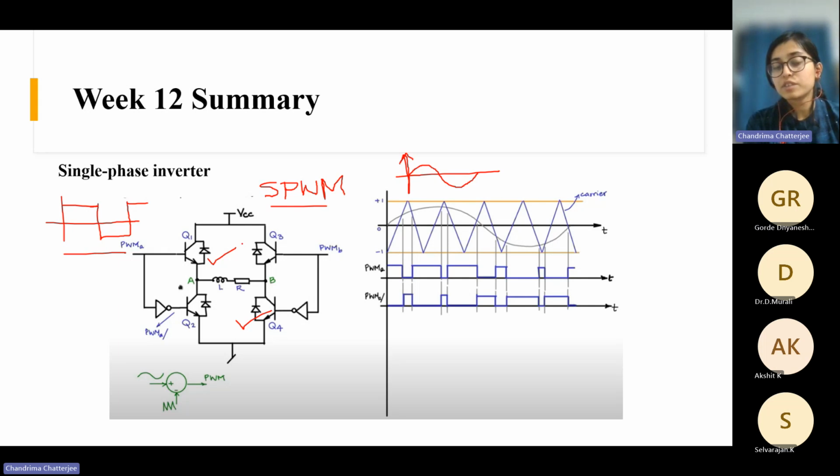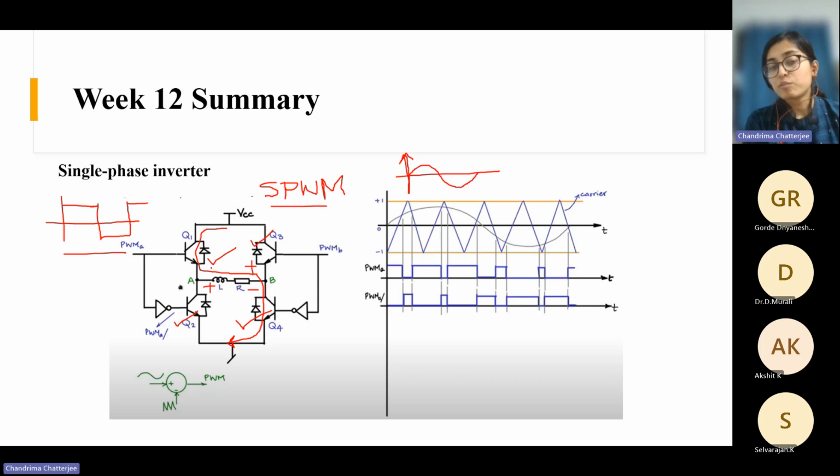You give 50% duty to Q1 and Q4, so the current will flow through these switches like this, and then back. You get a voltage polarity like this. Then in the negative half, in the remaining 50% duration, you operate these two switches, Q3 and Q2. At that time, Q1 and Q4 will be off and these two will be on, and the current will flow like this, and your voltage polarity will change.